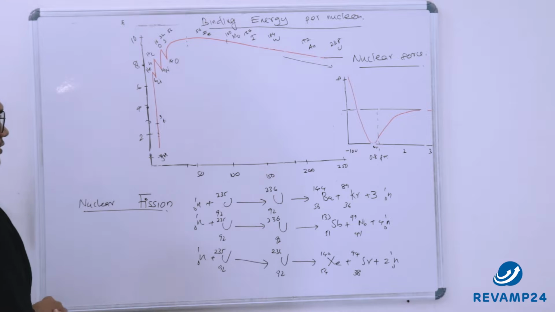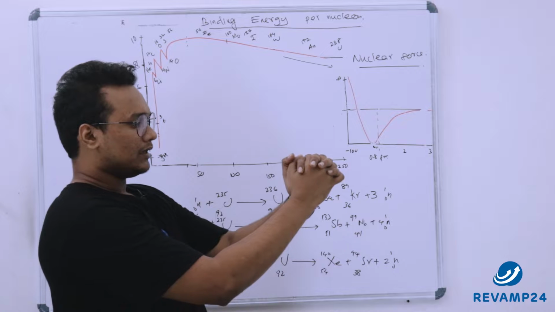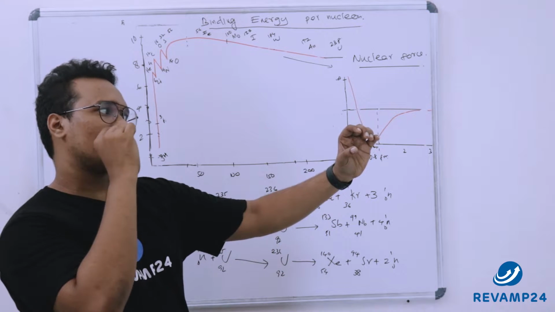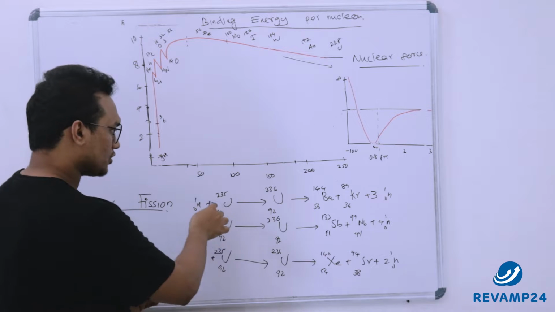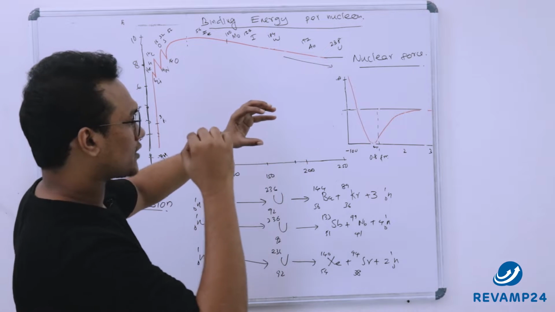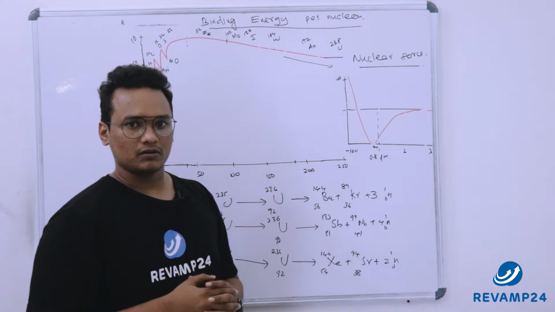Okay, so we have uranium-238. Now to uranium-238, we will bombard a fast moving neutron. Why can't I use a proton?